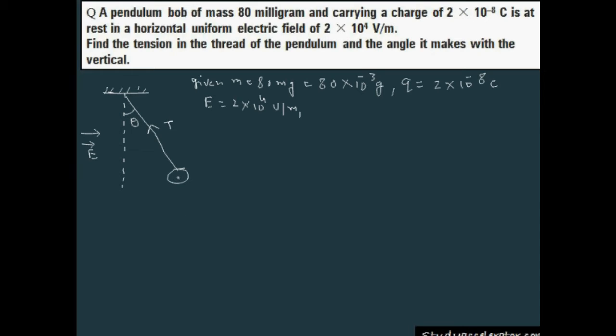As we know, the gravitational force will act vertically downward. Because of the horizontal electric field, and this being a charged body, it will experience a force in the direction of the electric field.